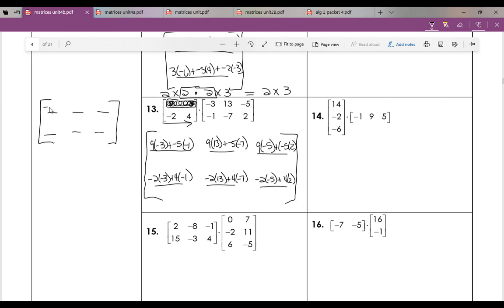All right, I have negative 22, 152, and negative 55 going across the top. Bottom row is 2, negative 54, and 18. So there are my 6 elements for my 2x3 answer matrix.